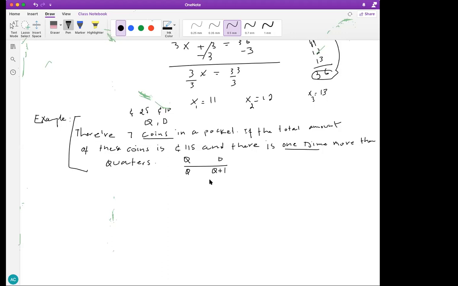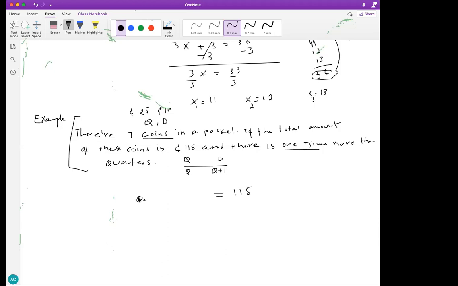Now, how do you get the total of 115? The total is 115 cents. So you take the number of quarters, which is Q. We're going to find Q, and if we find Q, we're going to find D. You multiply the number of quarters by what? Each quarter has 25 cents.